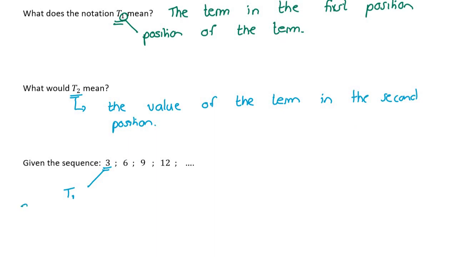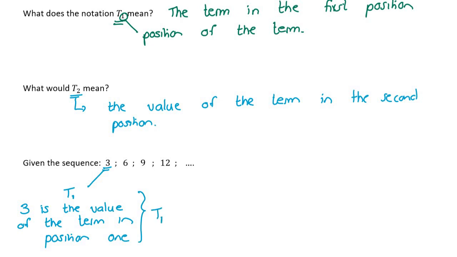It means that 3 is the value of the term in position 1. Now that's how I would say it in words. How you write this mathematically is you would say T1 equals 3. That's what that means in English. It means the value of the term in the first position is 3.